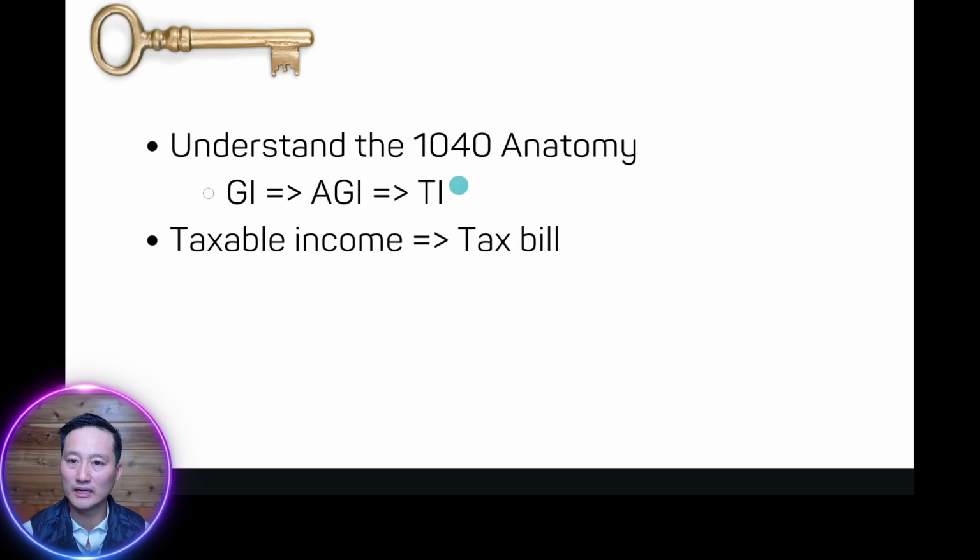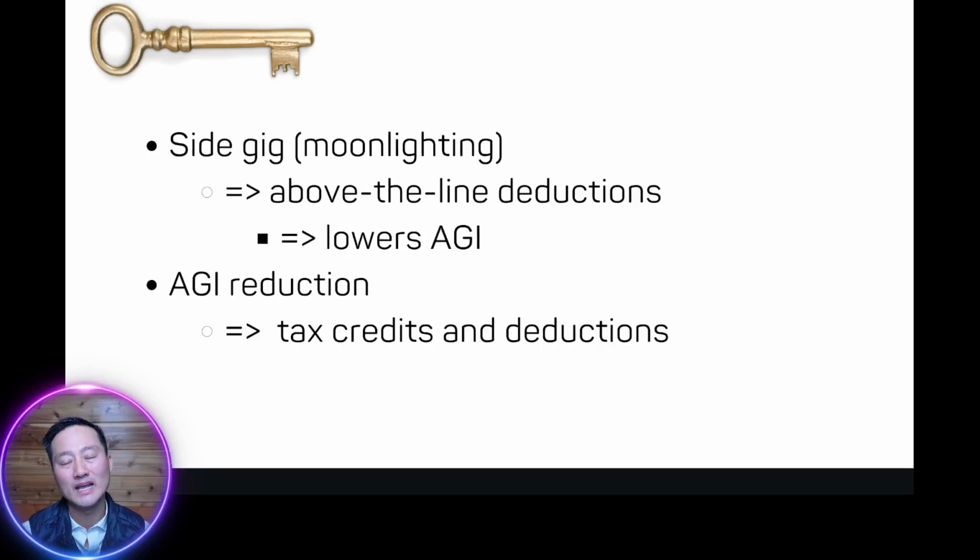Remember, taxable income is what determines your final tax bill. And side gigs like moonlighting can help you create legitimate above the line deductions by incurring business expenses, which in turn lowers your AGI. And reducing your adjusted gross income doesn't just lower your taxable income, it can also unlock more tax credits and additional deductions.